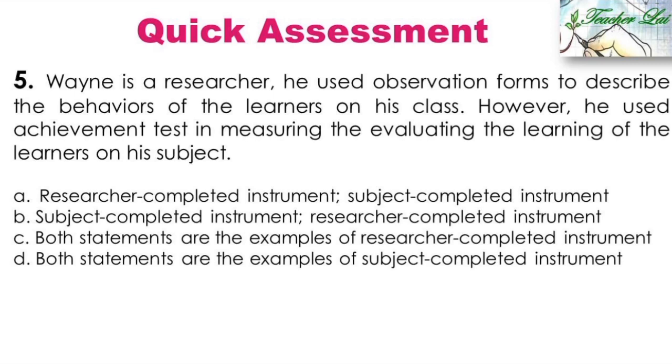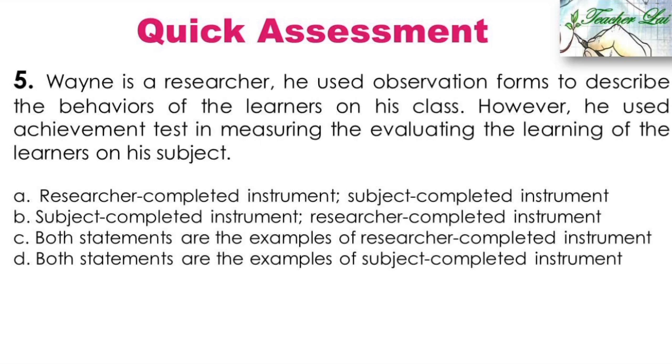Wayne is a researcher. He used observation forms to describe the behaviors of the learners on his class. However, he used achievement tests in measuring and evaluating the learning of the learners on his subject? Letter A. The first statement is the example of researcher-completed instrument, while the second statement is the example of subject-completed instrument.